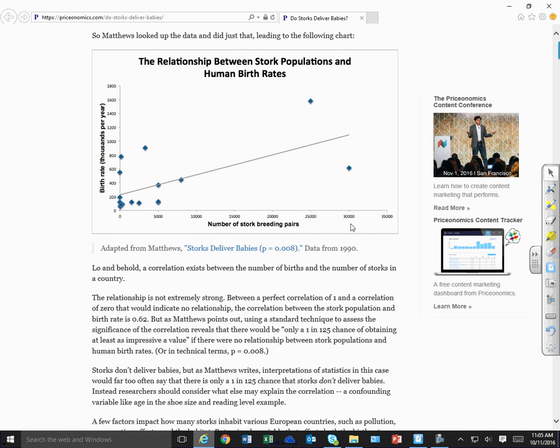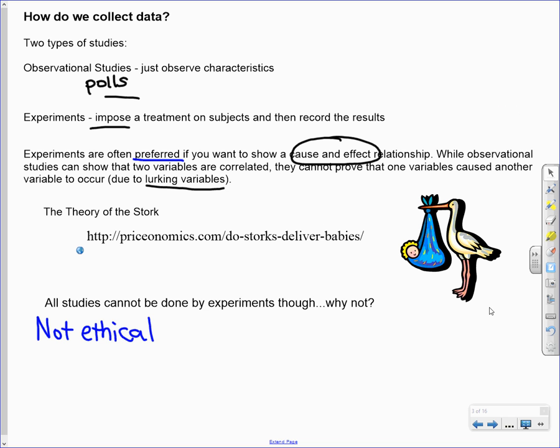So as the number of stork breeding pairs goes up, the birth rate goes up. So does that mean that storks are bringing the babies? Well, no, probably not, because we know that that's not true. However, just using that observational study, just observing that data, it does look like one is causing the other to happen, right? So how do we show that that's not true?